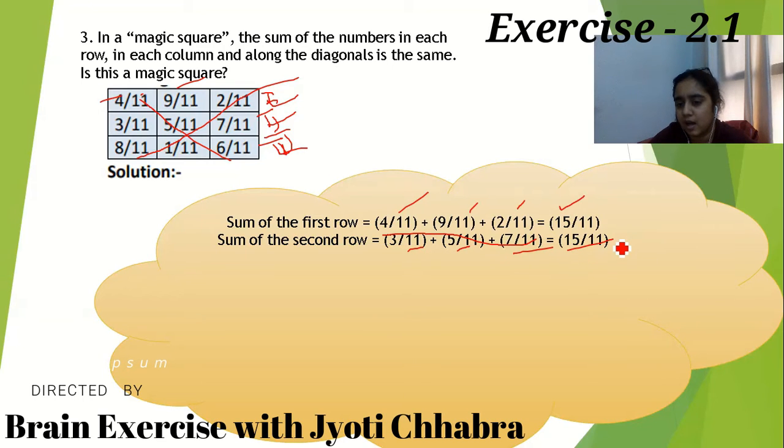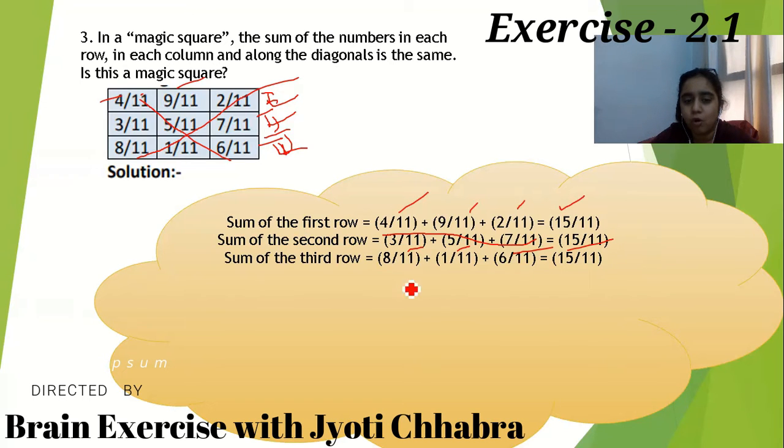So we will get the answer 15 upon 11. And now we will do the sum of the third row. Third row is 8 upon 11, 1 upon 11 and 6 upon 11. So 8 plus 1 is 9, and 9 plus 6 equals 15, and 11 will remain as it is because in all three numbers the denominators are the same.